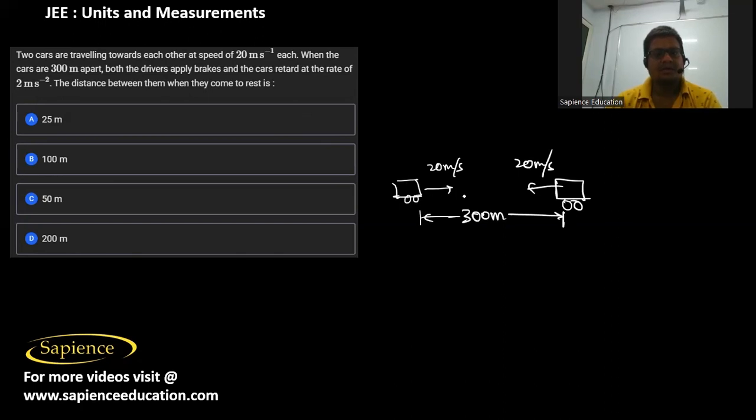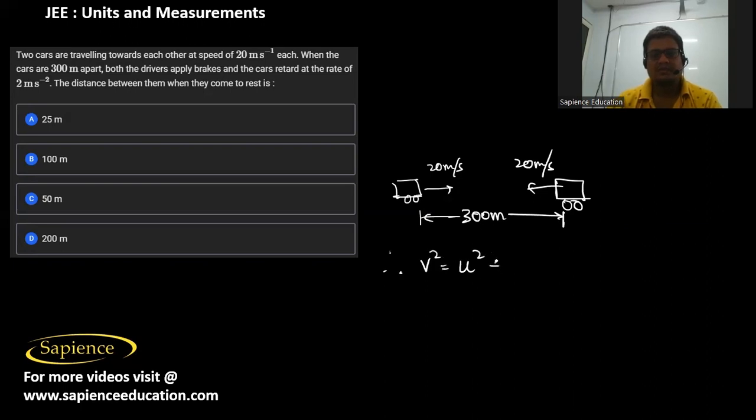The distance in between them when they come to rest is. So how far each of them will move before they come to rest, so that we can find out.